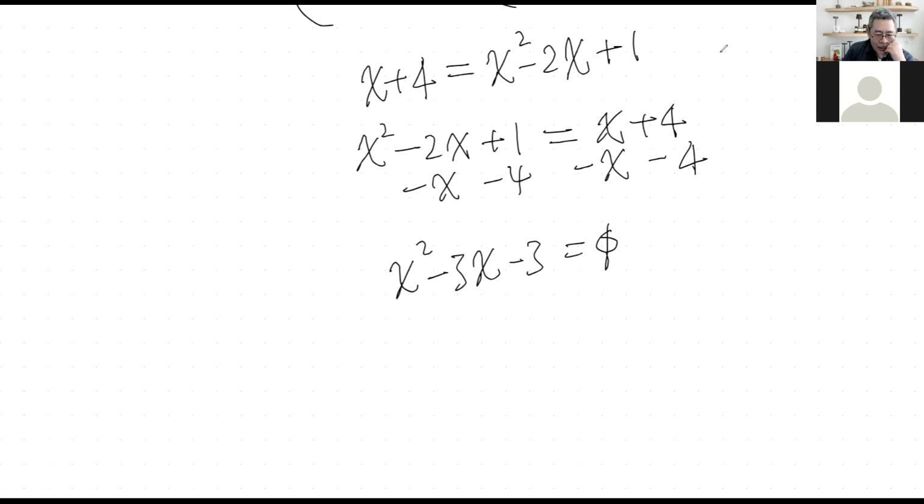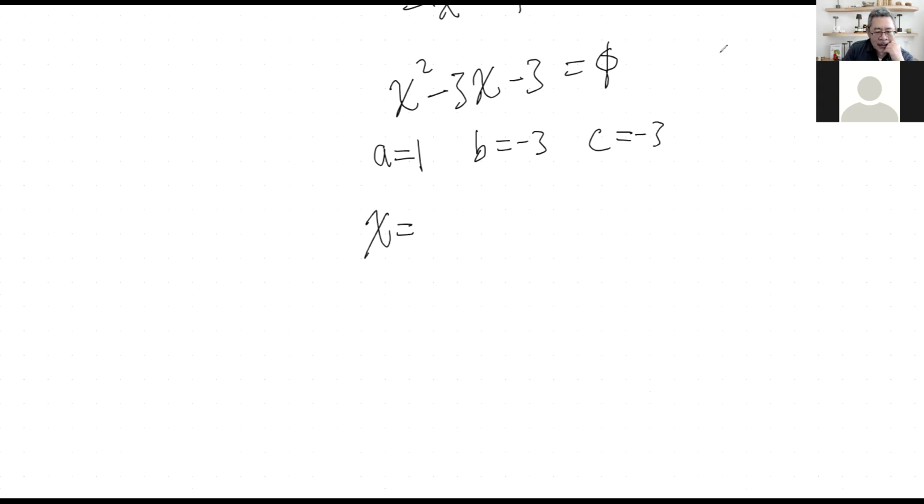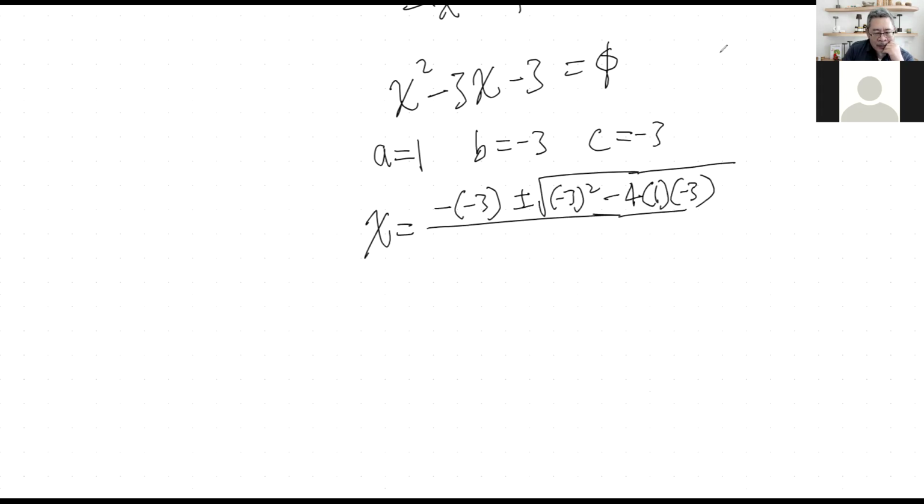All right, so now we're going to solve that. We got A equals 1, B is negative 3, C is negative 3. So we just use the formula. X is minus negative 3 plus or minus the square root of negative 3 squared minus 4 times A times negative 3, and the bottom is 2 times 1.